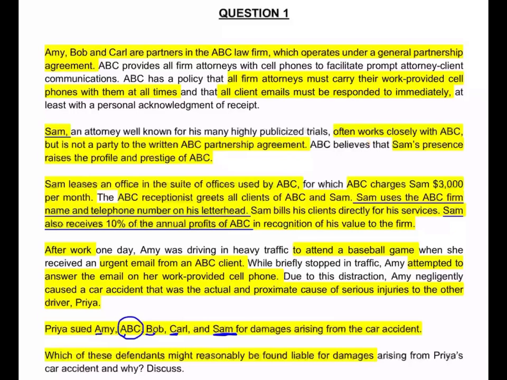The third paragraph gives you pretty intense facts that you can use to decide whether Sam is actually impliedly intended to be a member of this partnership, whether the partnership or he himself is holding himself out to be part of the partnership so that a third party might rely on that fact. The fourth paragraph gives you what led to the cause of action here and also provides more information.